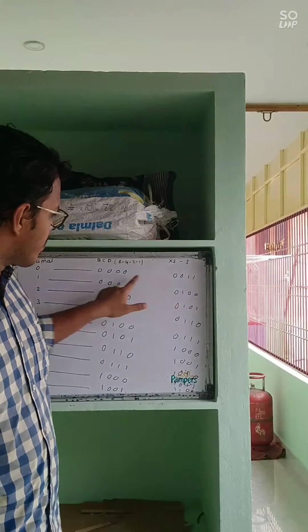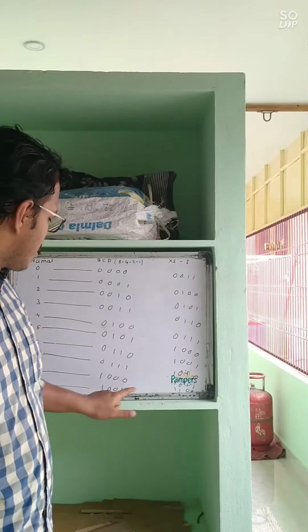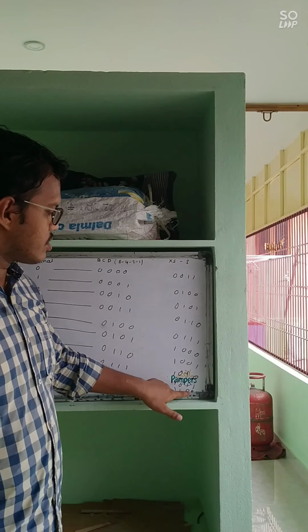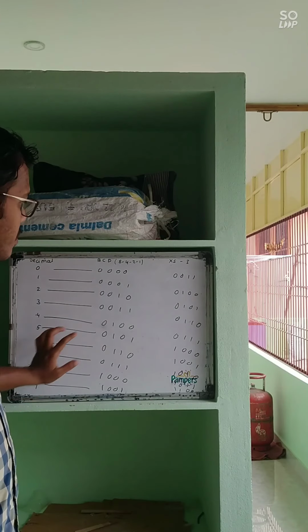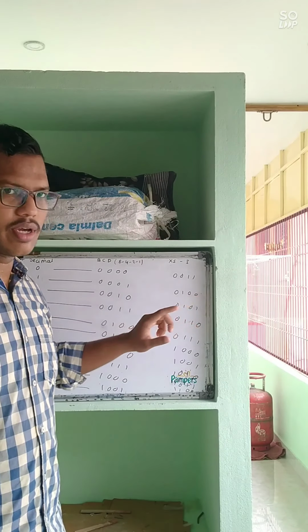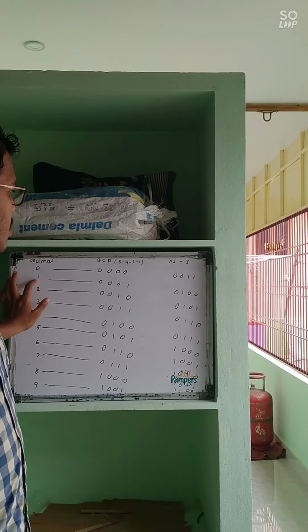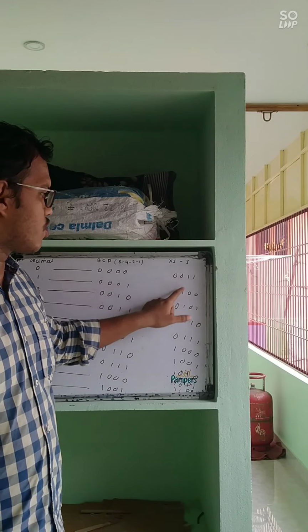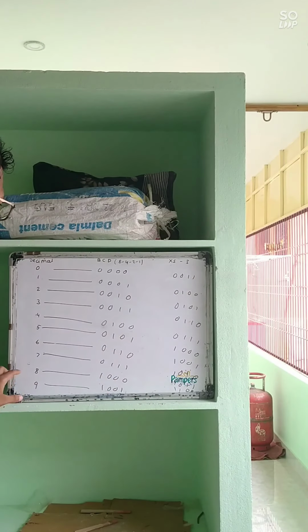Here in 0 we have 0 0 1 1, and here in 9, 1 1 0 0. If you see, 1 is complement to 8. We have 0 1 0 0, the XS3 code of 1, which is the complement of 8.